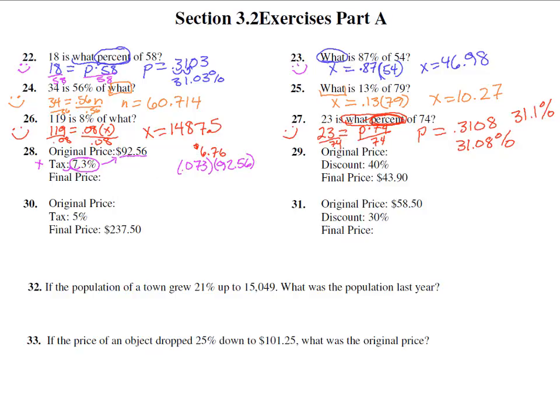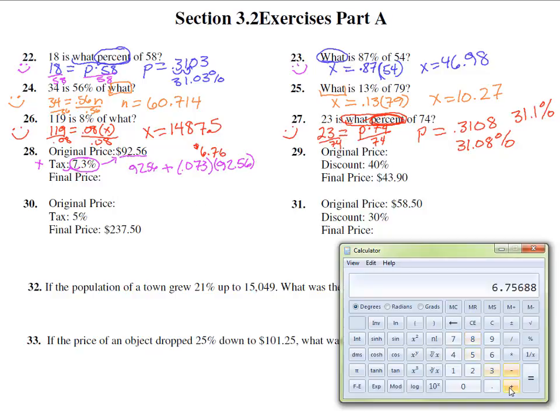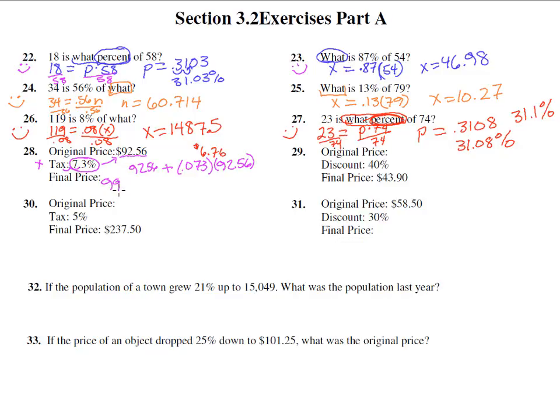And so to find the final price, we must add that onto 92.56. So let's get our calculator and add that onto 92.56 equals 99.32. 99.32 is our final price.